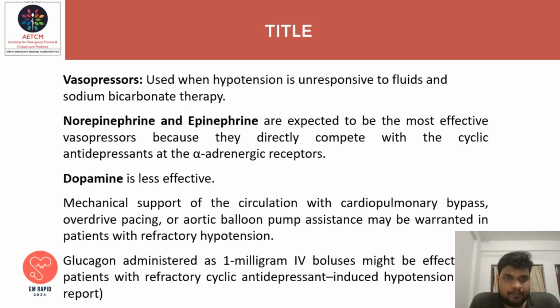Dopamine is less effective. Mechanical support of circulation with cardiopulmonary bypass, overdrive pacing, or aortic balloon pump may be warranted in patients with refractory hypotension. Glucagon, 1 milligram IV bolus, may be effective in patients with refractory tricyclic antidepressant-induced hypotension.